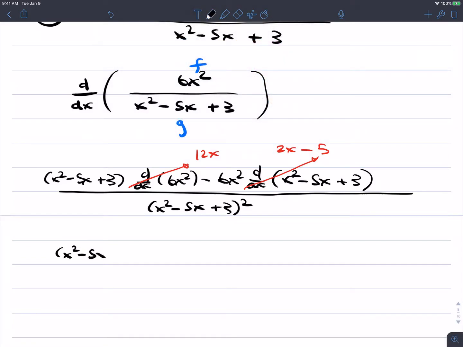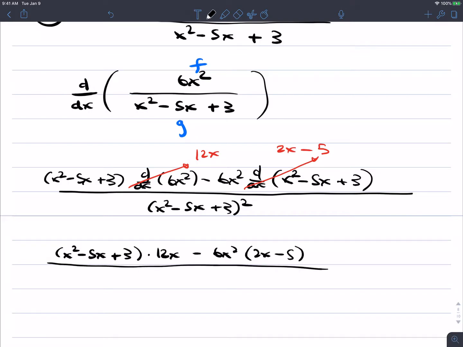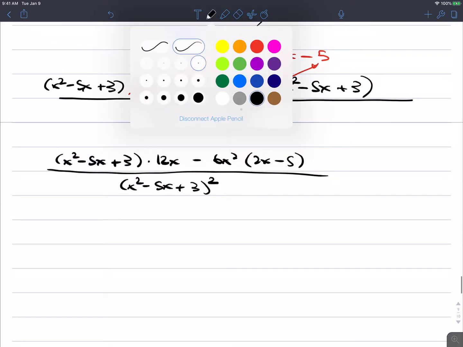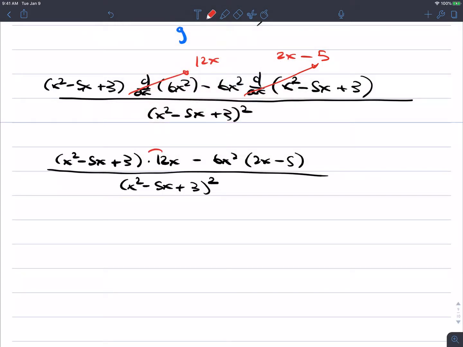X squared minus 5x plus 3 times 12x minus 6x squared times 2x minus 5. Everything over x squared minus 5x plus 3 to the second power. So we're going to now have to multiply here.